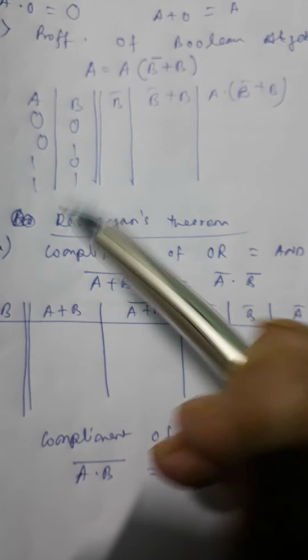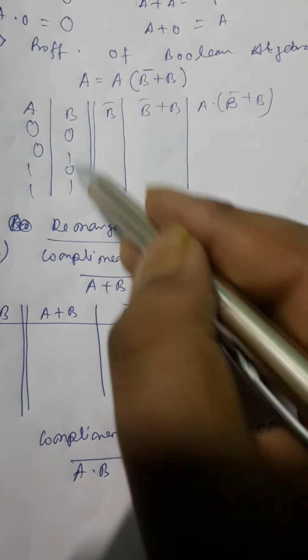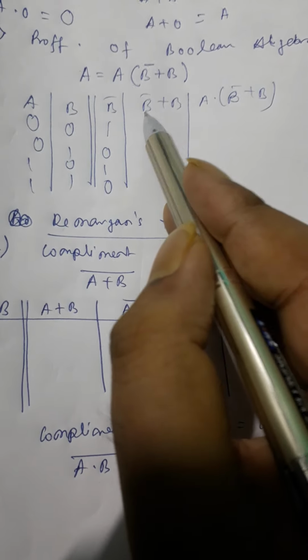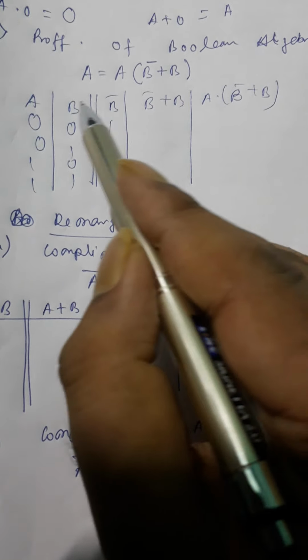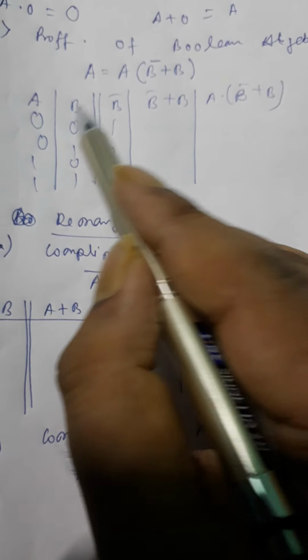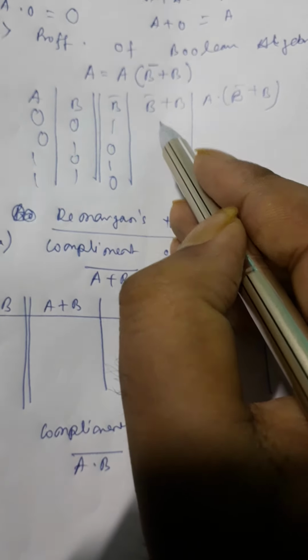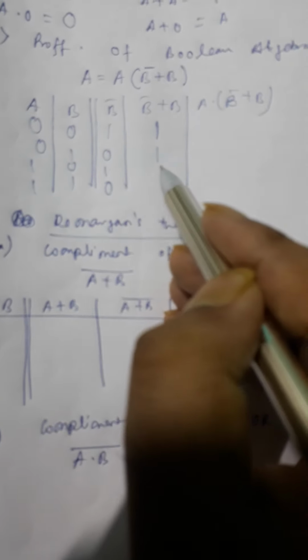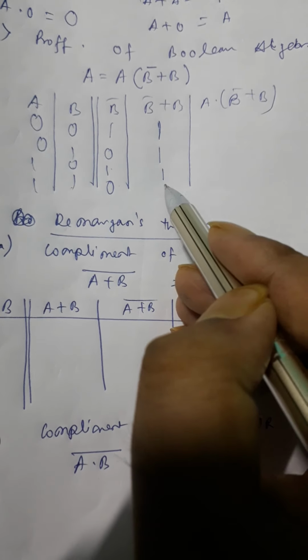Now what is B bar? B bar is just the opposite of B, so this would be 1 0 1 0. What is B bar plus B? ORing of these two. 0 1 ORing is 1, 1 0 ORing is 1, 0 1 ORing is 1, 1 0 ORing is 1.